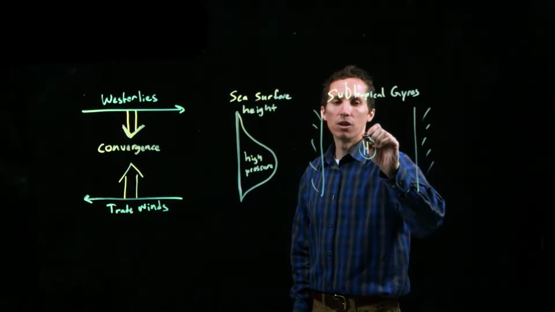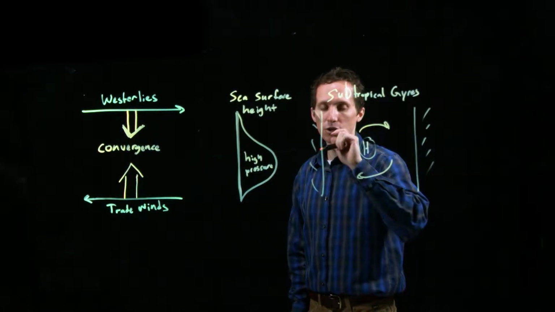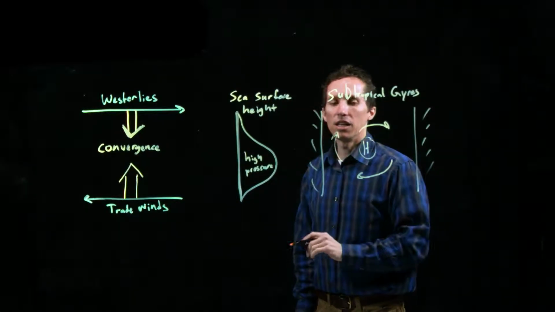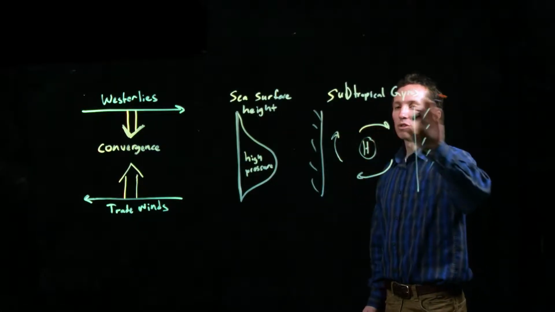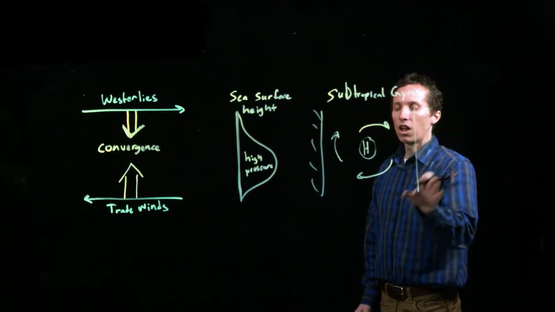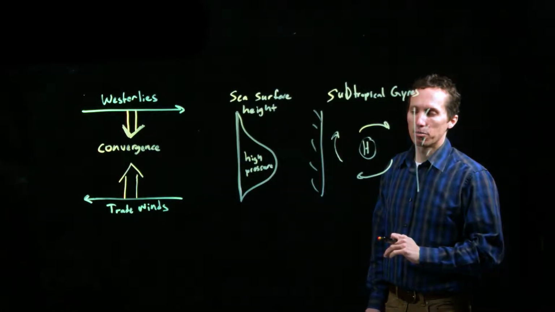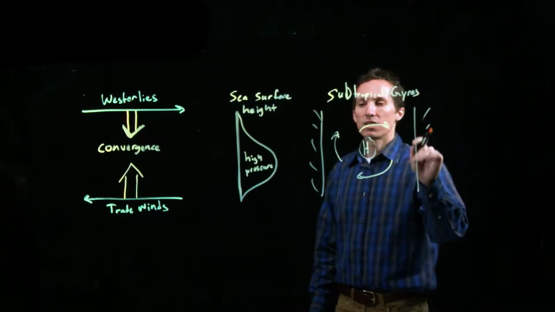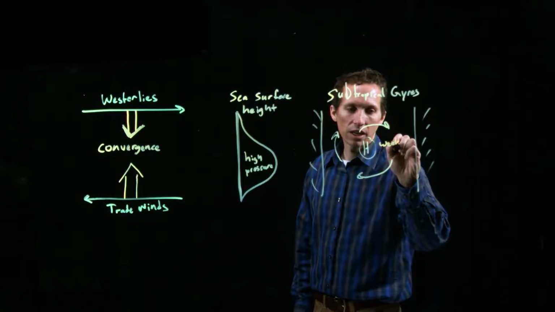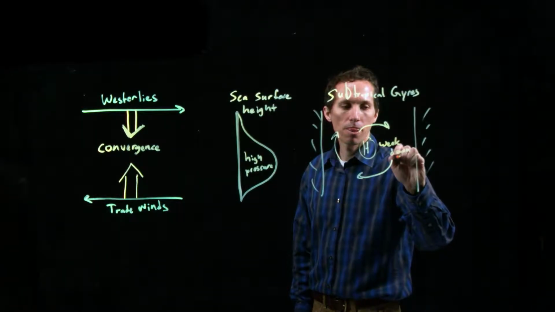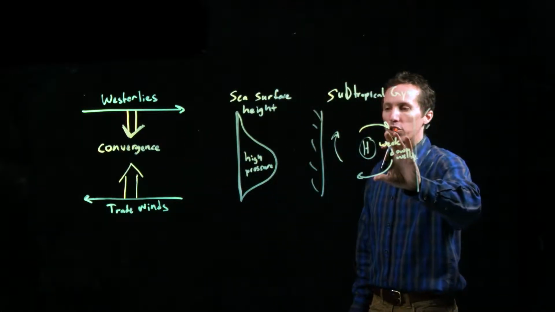And as it does so, that water is also deflected to the right in the northern hemisphere, and creates this clockwise circulation in the northern hemisphere subtropical gyres, and this drives a weak downwelling as waters converge in this subtropical gyre.